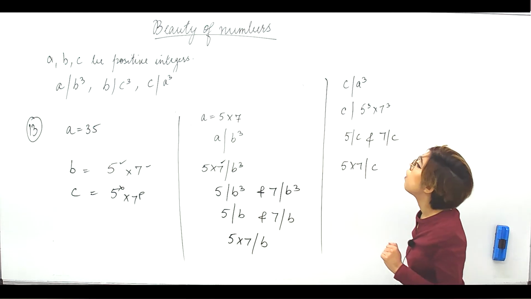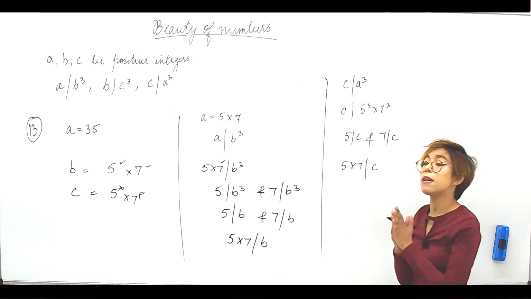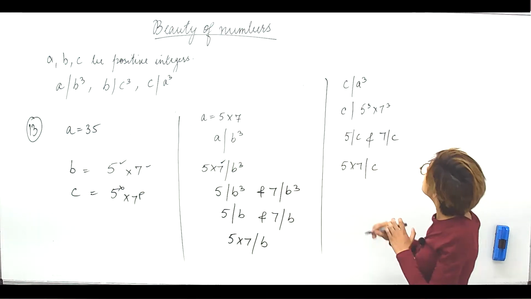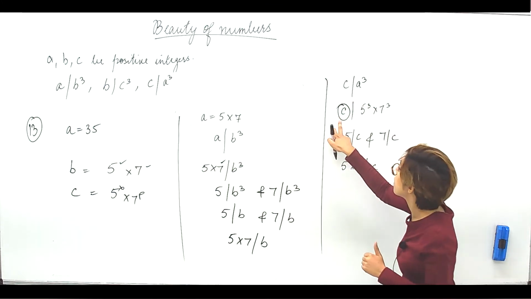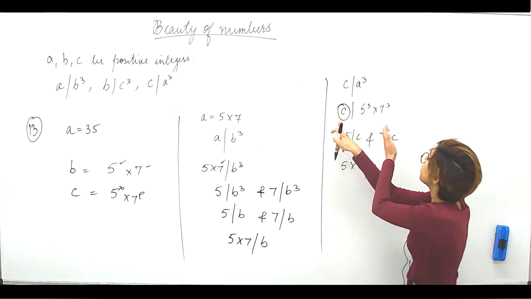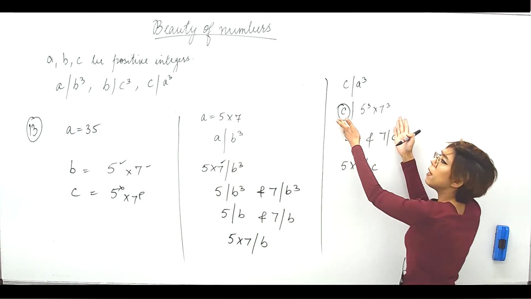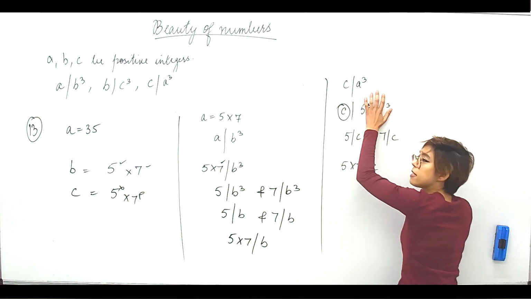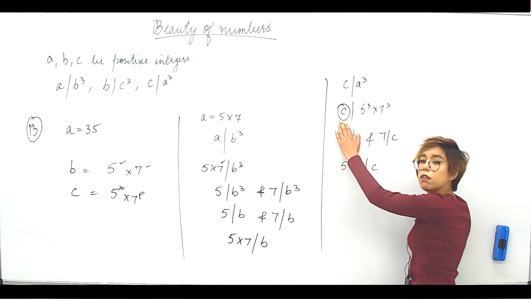Okay. Now what? Now I have to make sure that there are no other factors except for 5 and 7 over here. Now be careful. Can C have any other prime factor? Suppose here the prime factor is 3, right? Here there is no prime factor 3. If there is a prime factor 3 over here and not here, how will this number divide this number? This divides this. That means all of these factors have to be present over here.